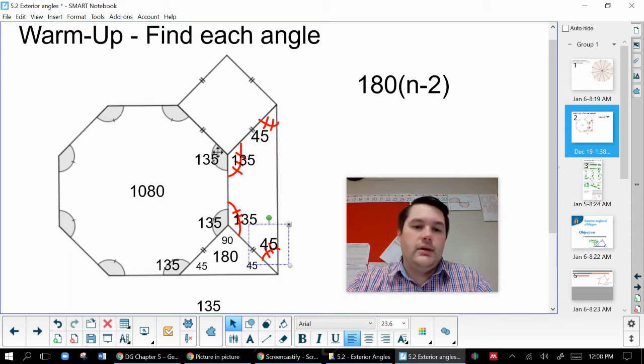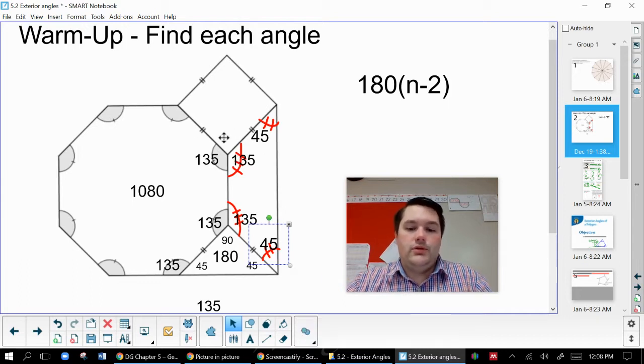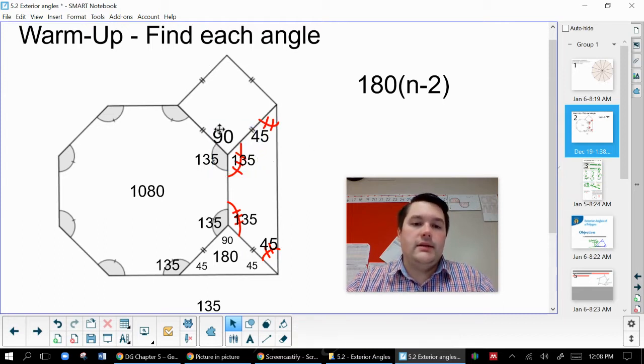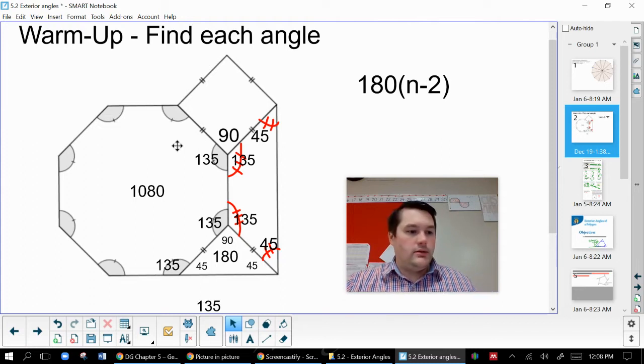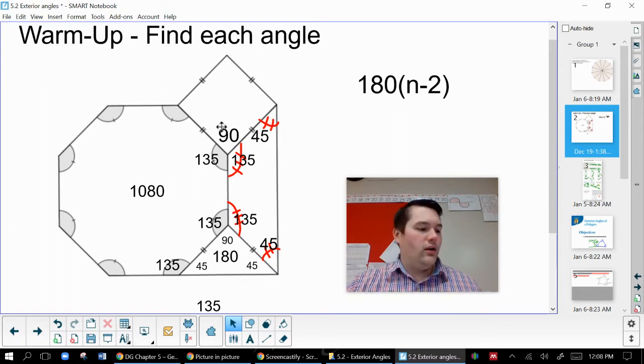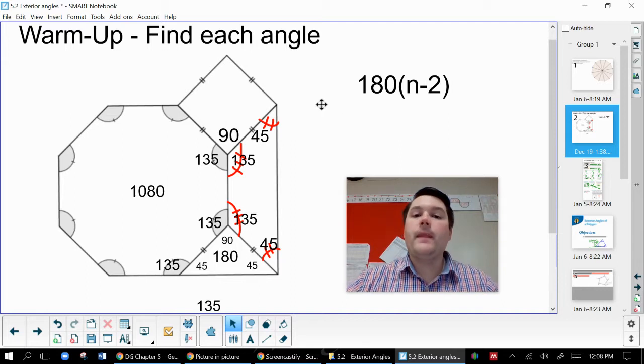And then our last one here, same deal with our full revolution, 135, 135. What's left over to make the full revolution? Well, it is 90. Now, technically, we don't know enough to know that the rest of these are 90, but they are going to be 90. We'll be talking about that pretty shortly. It's got 4 congruent sides, so it is a rhombus. And if one of the angles is 90, then all of the angles will end up having to be 90.